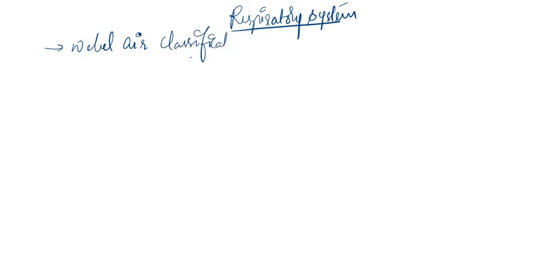According to this classification, the whole respiratory tract is divided into generations so that it becomes easier to identify a particular segment. How many generations are there? Total 23 generations.